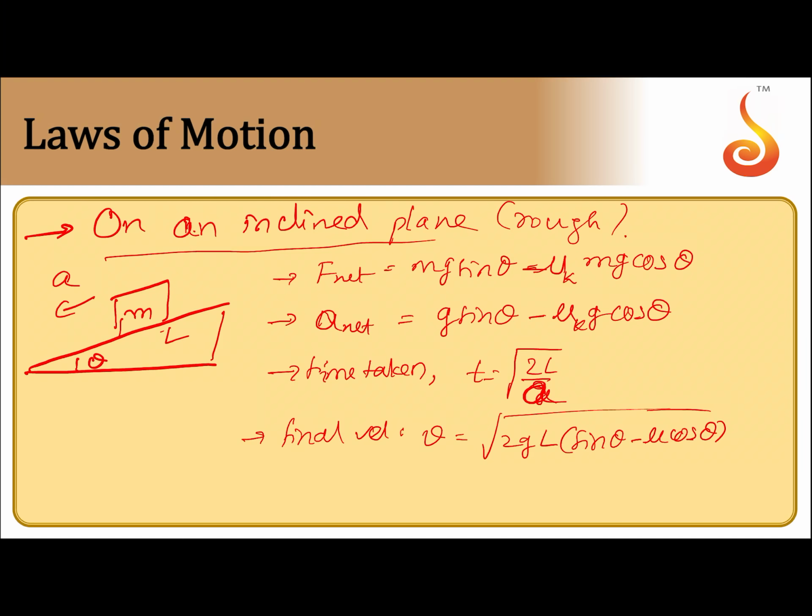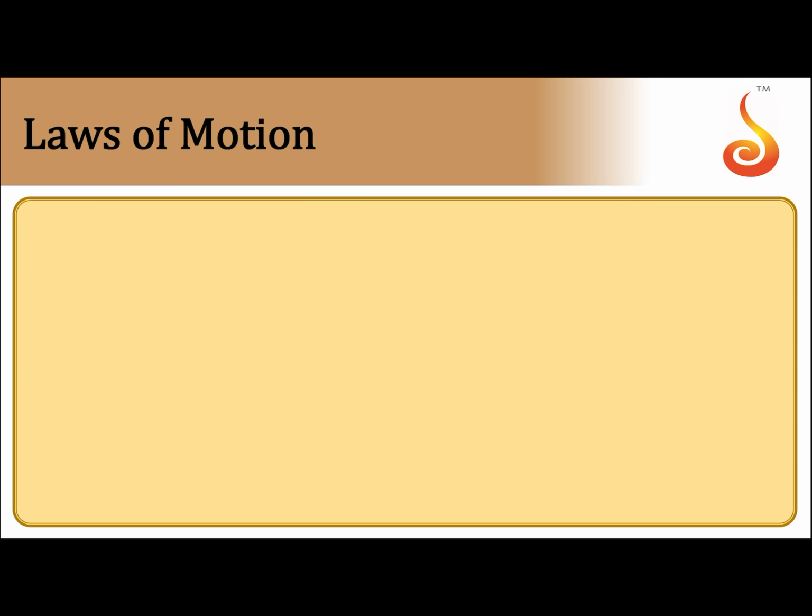So remember these results. If an object is sliding down an inclined plane, then F net, a net, time taken and final velocity are given by this set of equations. Okay. So it is better if we can compare these results, for example, smooth inclined plane versus rough inclined plane.